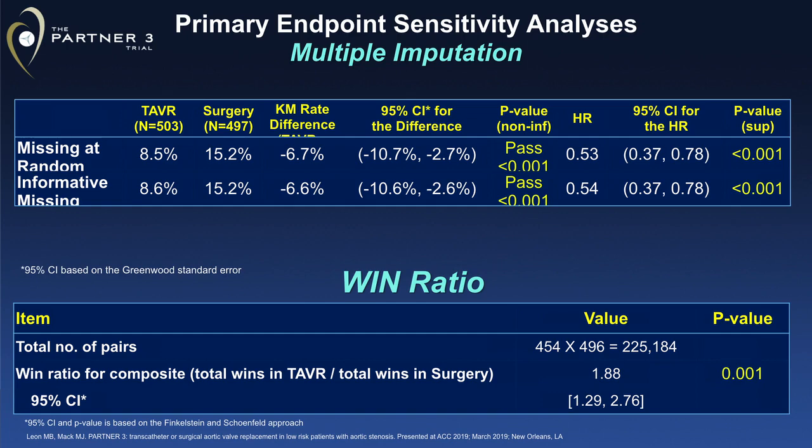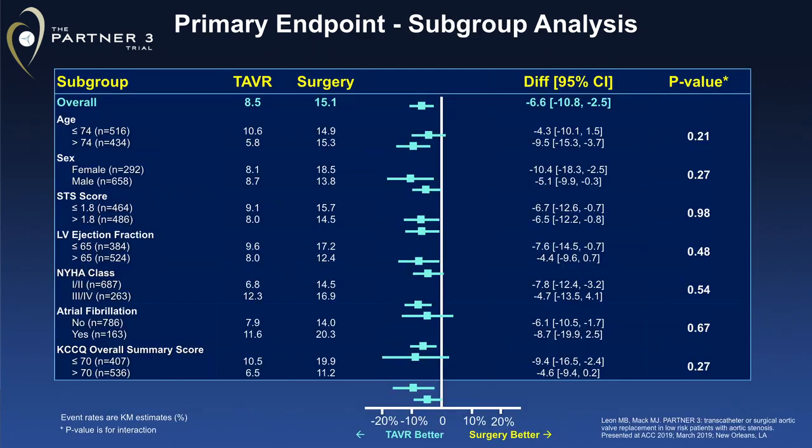So this just shows what if we take subgroups, what if we look at men versus women, they're all low risk, but relatively higher risk compared to the lowest risk patients, or differences in heart function or symptoms, or even whether or not they had AFib. Across the board, we see that the subgroups tended better with TAVR than surgery. So there wasn't a difference really in different subgroups.